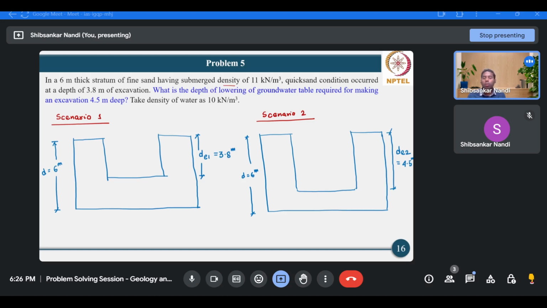We don't know the location of the groundwater table in any of these scenarios, scenario 1 or scenario 2. So identification of the location of this groundwater table is very essential for this problem.